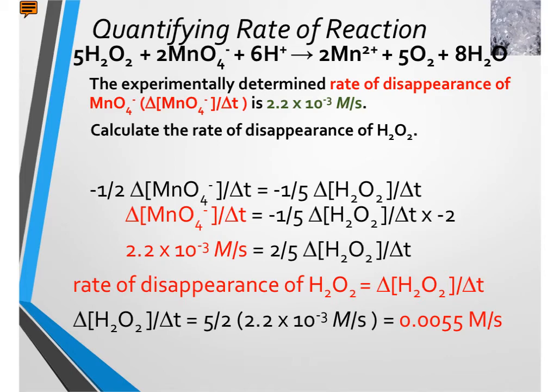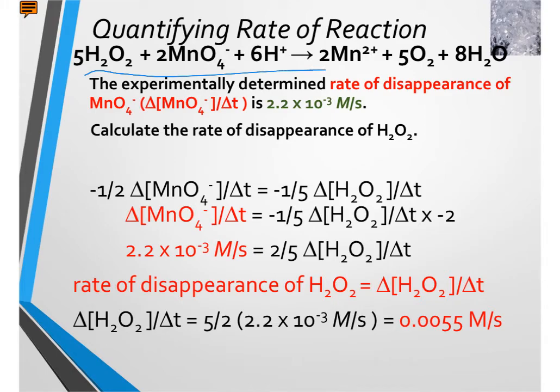Number two, you should be able to interpret graphs of concentration versus time and find the instantaneous rate of reaction at any point on those graphs. And now this is kind of building off one. In addition to being able to write the expressions for rate with respect to any reactant or product, sometimes you'll be asked to quantify them. So let me give you an example of that.